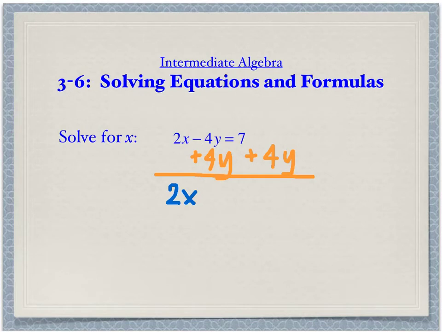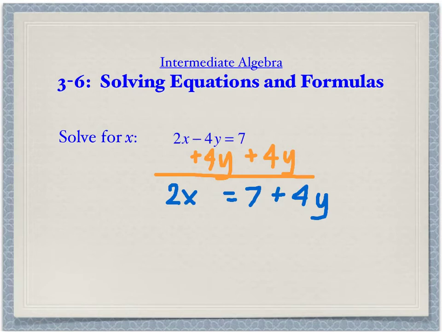My 4y's are gone here, but on the right I get 7 plus 4y. Now, can I combine those to get 11y? The answer is no, because 7 and 4y are not like terms, so I have to just leave it like that.